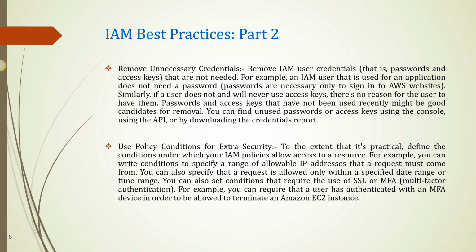You can also set conditions that require the use of SSL or MFA. For example, you can require that a user has authenticated with an MFA device in order to be allowed to terminate an Amazon EC2 instance. So these all are the best practices of IAM, that is Identity and Access Management.